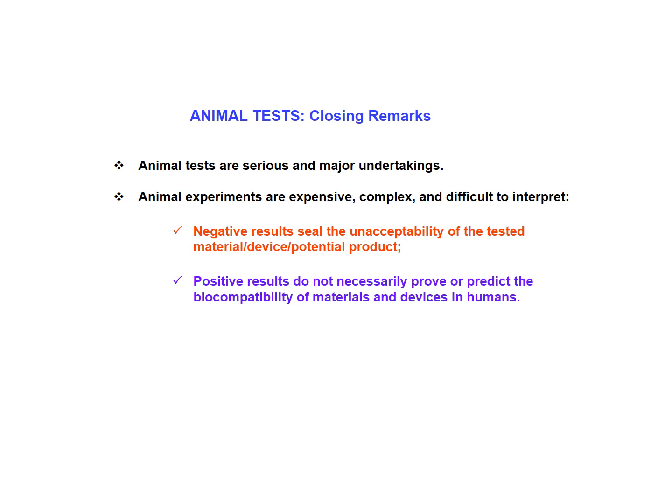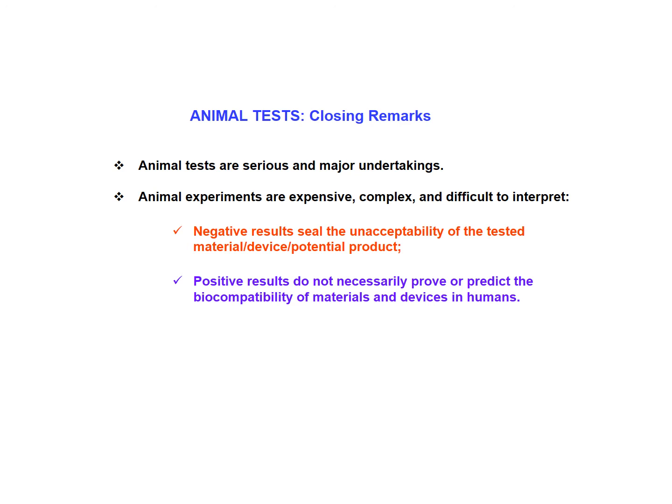In a similar way, results which are successful in in vitro experiments do not always guarantee that a particular biomaterial and device will be successful once it is placed in the body of animals.